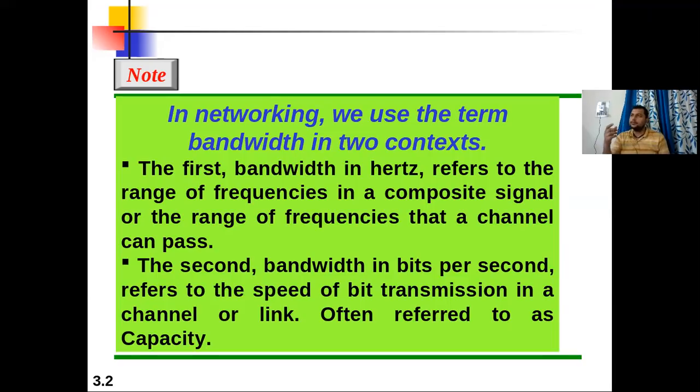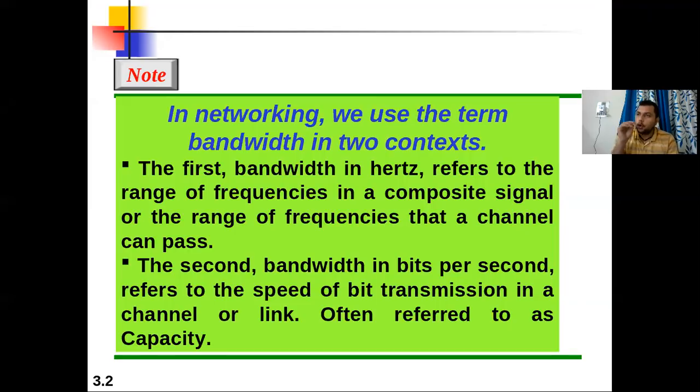In terms of analog, bandwidth we calculate in terms of hertz. So the range of frequencies which that channel can hold and can pass through it. Every channel, every medium, every link media which connects two nodes, two hops, can pass a certain range of frequencies.